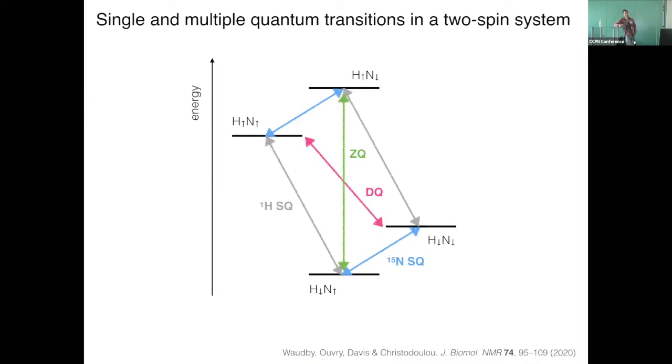In the HMQC experiment, your magnetization is a combination of zero quantum and double quantum coherences during the indirect evolution time. So you are now comparing your exchange rate to the zero quantum frequency difference and to the double quantum frequency difference. These average out. Once you add them up together, you get a spectrum that looks like it's an HSQC.